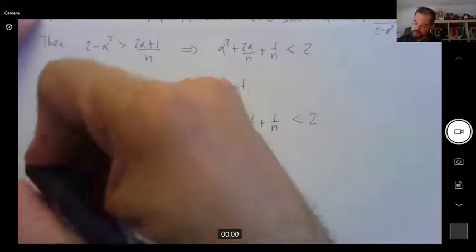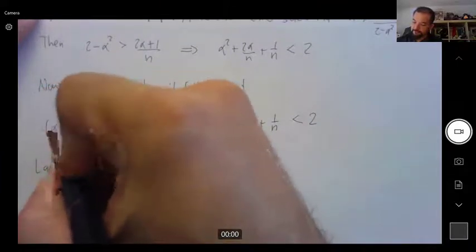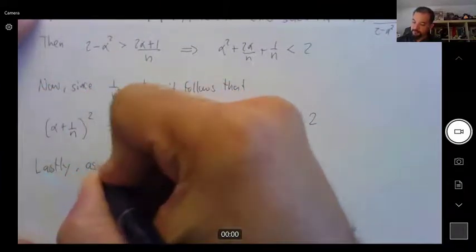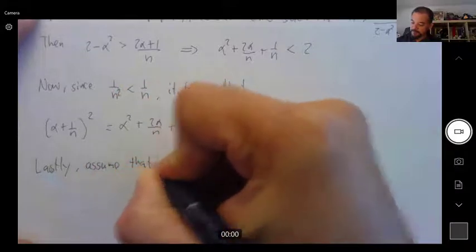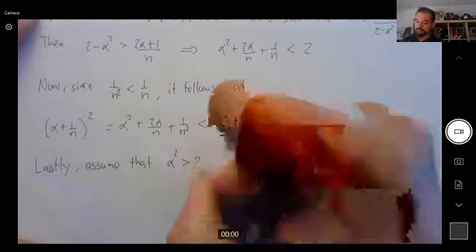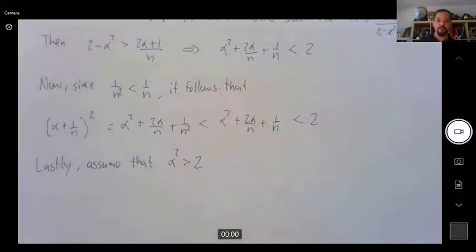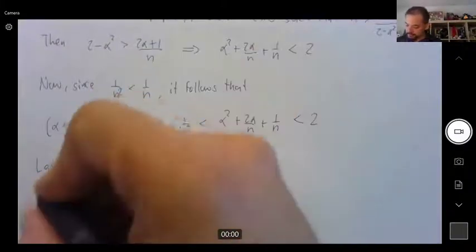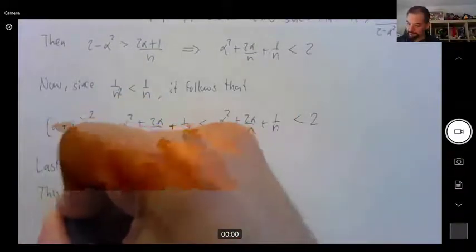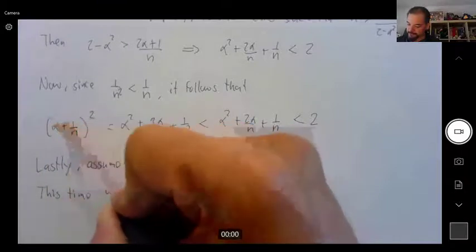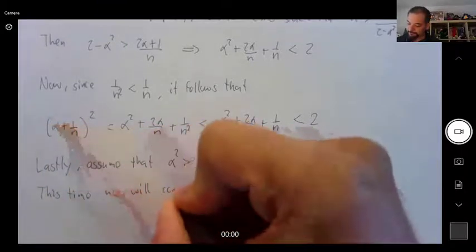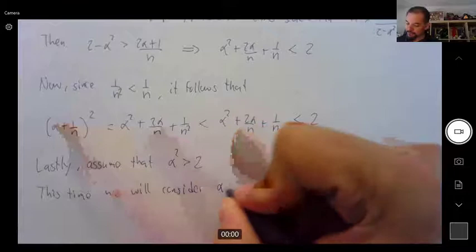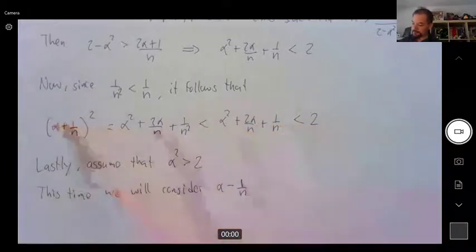So lastly, assume that alpha squared is bigger than 2. And this time, instead of looking for alpha plus 1 over n, we're going to look for alpha minus 1 over n. This time, we will consider alpha minus 1 over n.